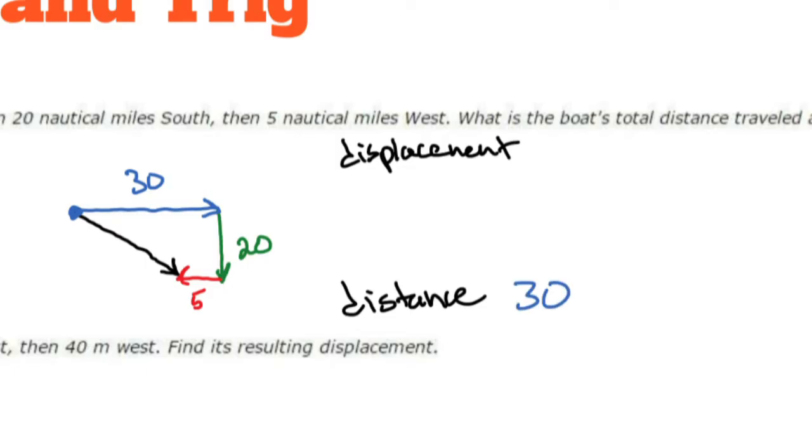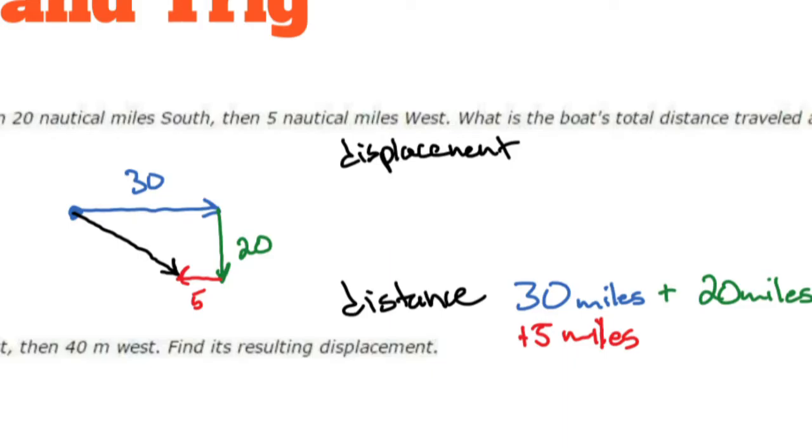We're going to start with 30, I suppose I should write in some units here, 30 miles. Then we're going to add to that 20 miles, and then add to that 5 miles.